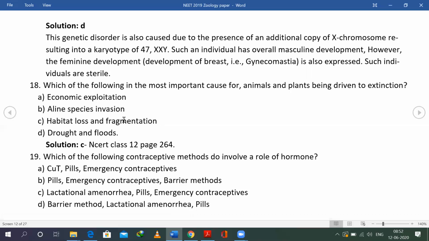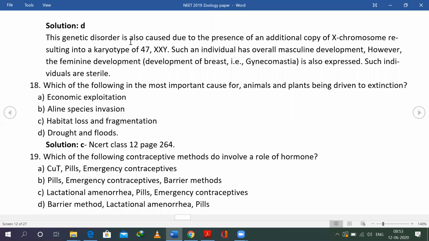You would see this in the biodiversity lesson, where we have the evil quartet, the four leading causes: habitat loss and fragmentation, alien species invasion, over exploitation, and co-extinctions, right?